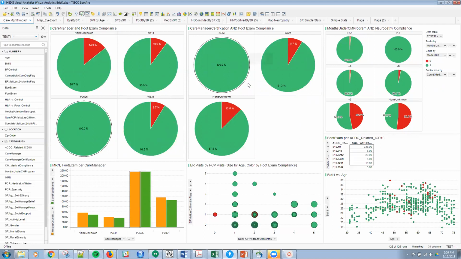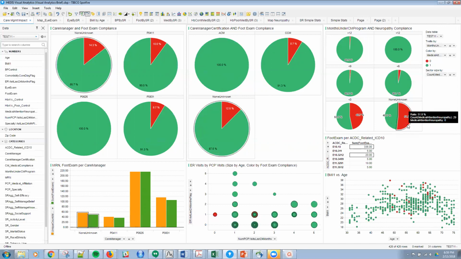I can also look at, well, things like, does a care manager certification make a difference? And so I can create dashboards like this for that type of information. I can also look at how long a patient has been under the guidance of a care manager. Here, and this is a different measure, this is the neuropathy compliance.